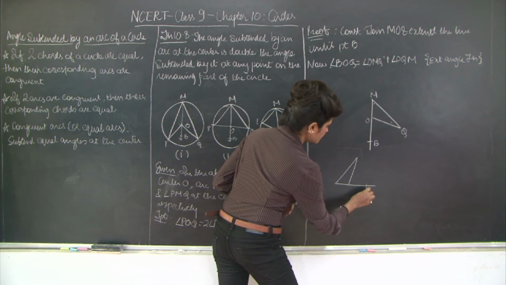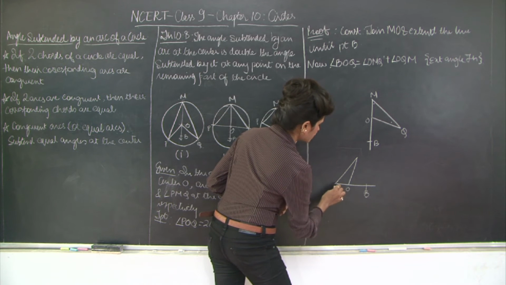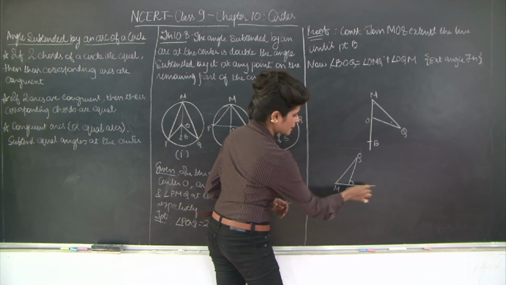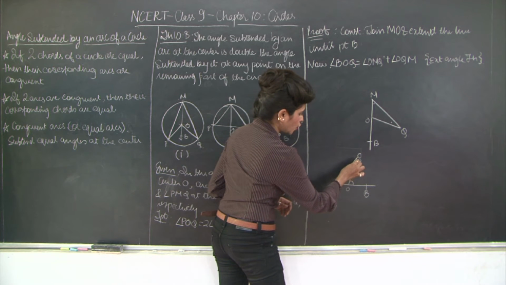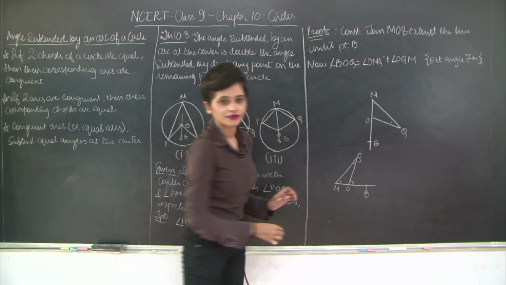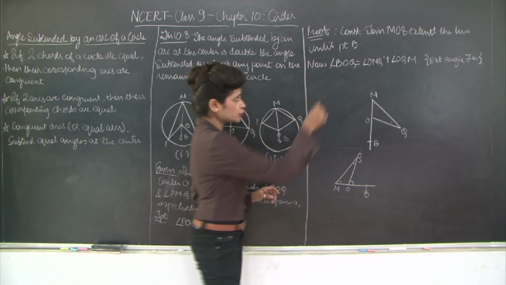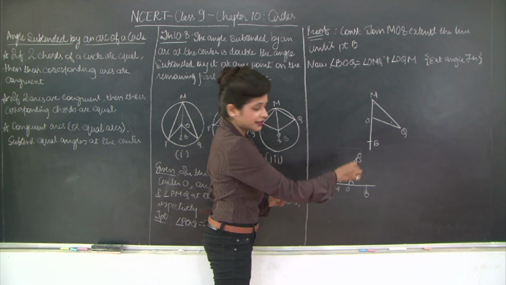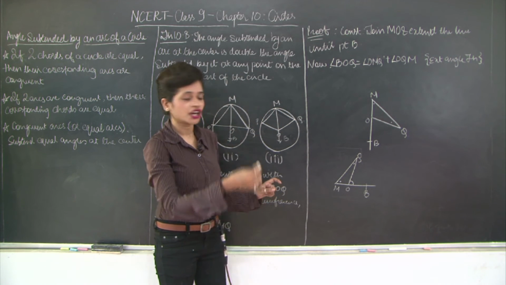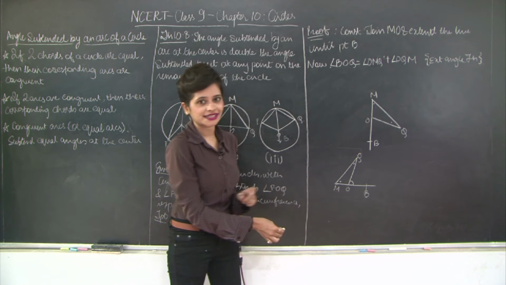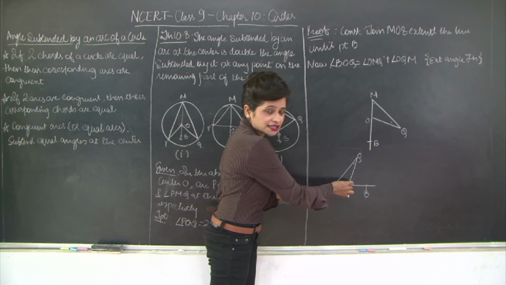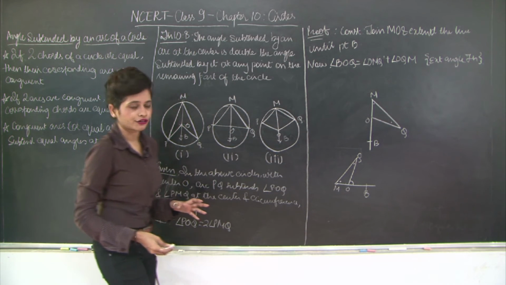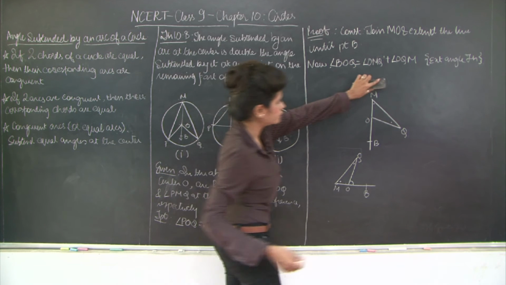So this is B, this is O, this is M and this is Q. Now makes sense, BOQ is OQM plus OMQ. Simple, isn't it? Through exterior angle theorem, because BOQ is the exterior angle for this triangle and we know that the exterior angle is equal to the sum of the interior opposite angles. So the adjacent angle is never considered, but the interior opposite angles are considered for the exterior angle theorem. So I'm erasing this for now.